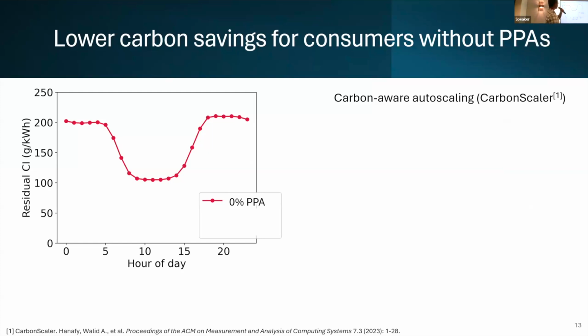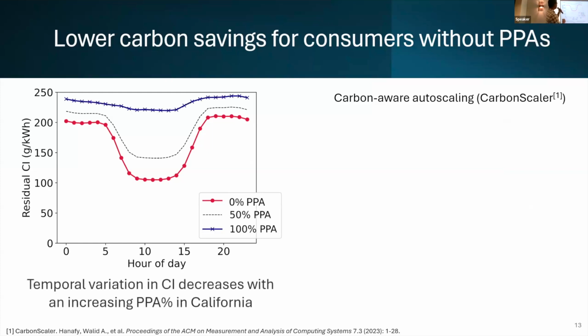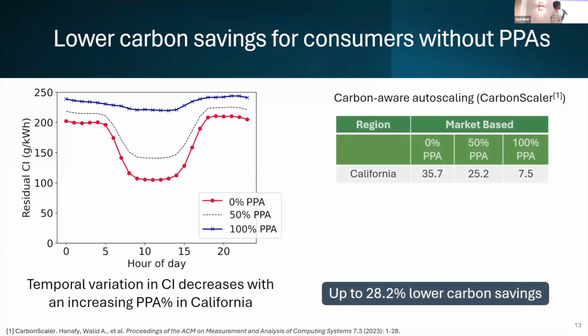But as more and more solar and wind comes under PPA, we see that the residual carbon intensity increases. And more importantly, the temporal variations in carbon intensity decrease with this increasing PPA percentage. And so there's much less scope for carbon reduction for consumers without PPAs if they consider this CIRES, which is also reflected in the table on the right.